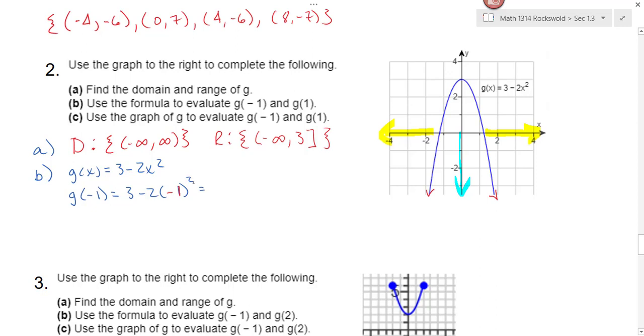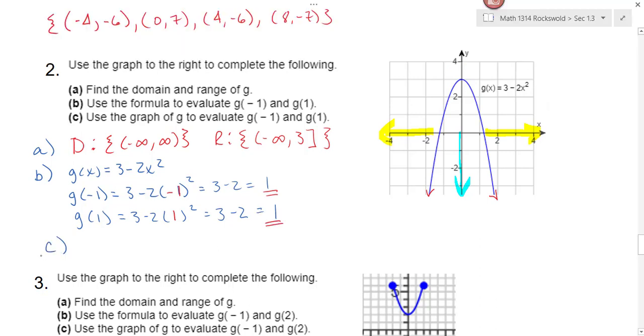Negative 1 squared is 1, so that becomes 1 times negative 2 is negative 2, so that's 3 minus 2, and that is 1. So we would say g of negative 1 is equal to 1, and g of positive 1 is equal to what? 1 squared is 1, 1 times negative 2 is negative 2, 3 minus 2 is 1 as well.